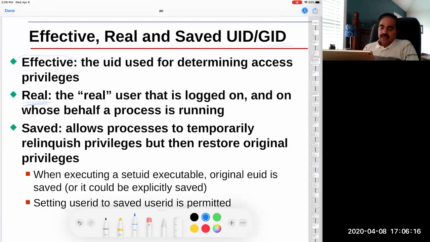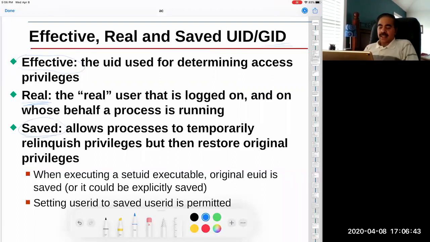Now, saved user ID is a third user ID, and basically it just remembers. When you change your user ID, the previous user ID is stored in this saved user ID.